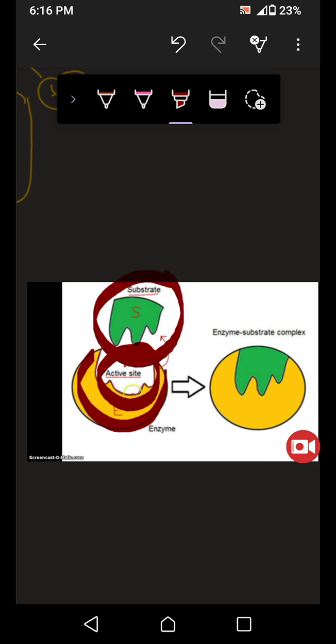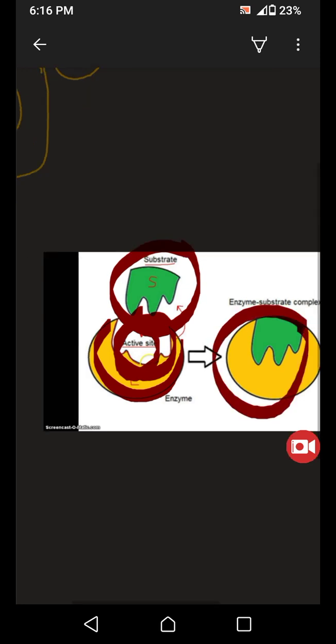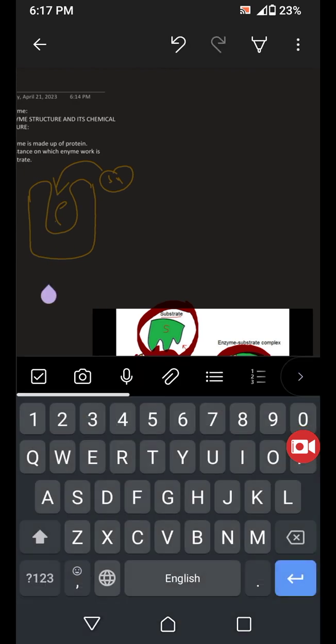And when the substrate gets attached to the active site, it makes an enzyme substrate complex. Okay, as I told you, the place where the substrate attaches is known as the active site.